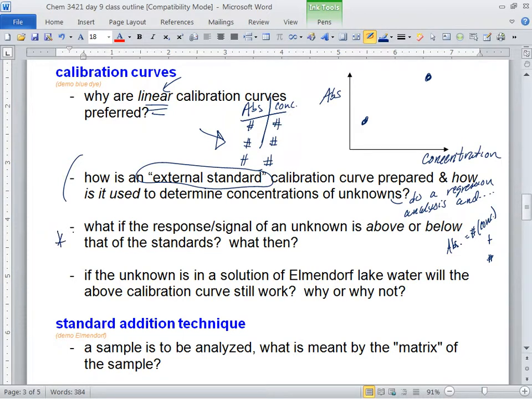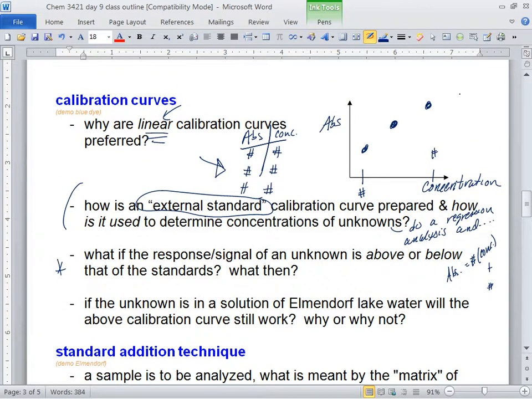Okay. What if the response signal of an unknown is above or below that of the standards? What then? Ooh, that's a good question. See what I mean? So we made standards from, I don't know, this number to this number. What if your unknown has absorbance way the heck up here? Let's make it red. We're way up here.